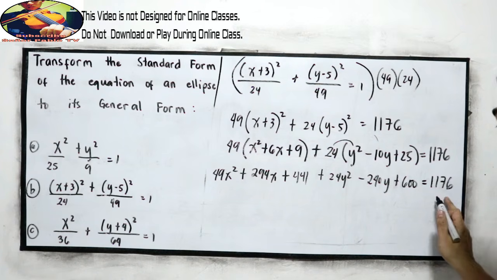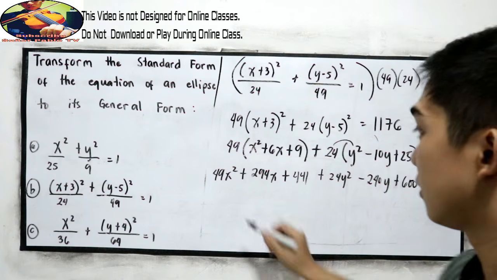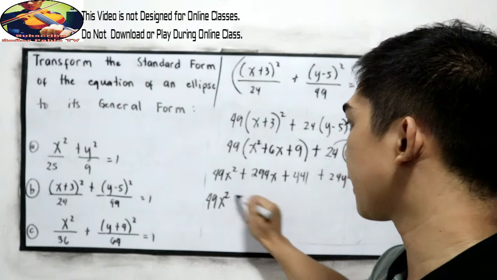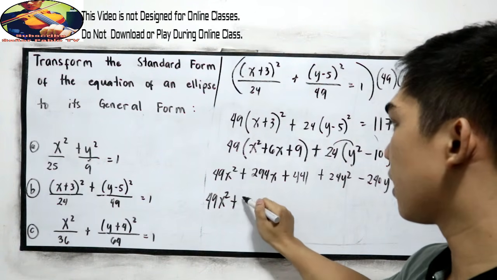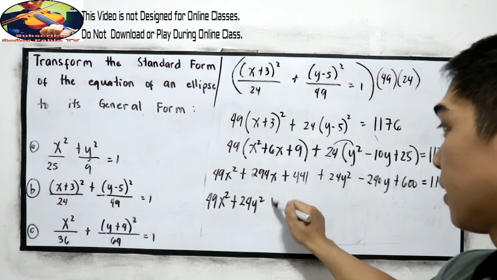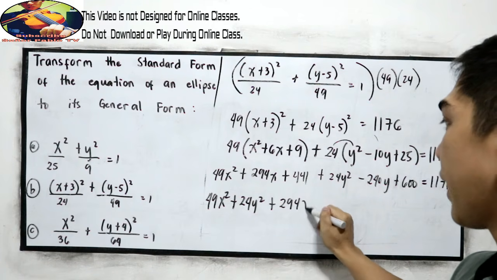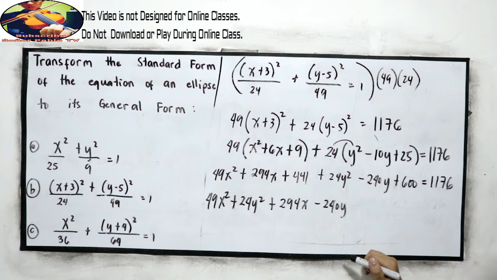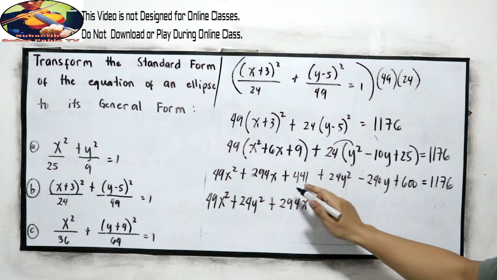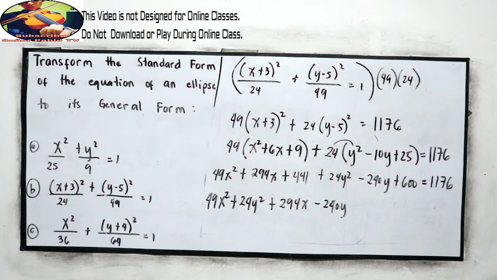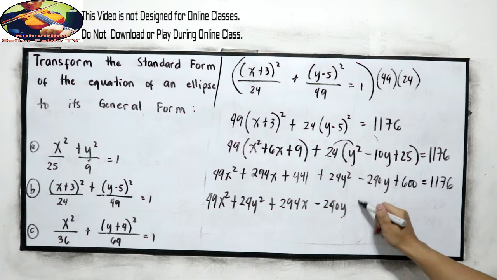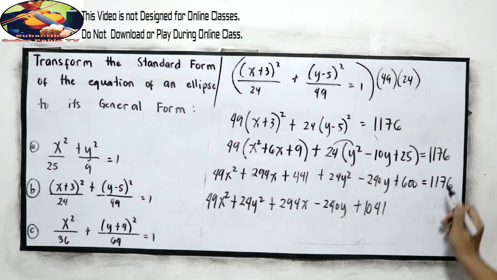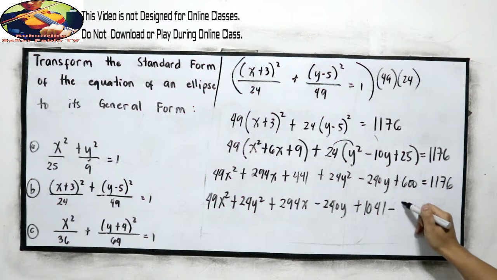Next, of course, we need to equate to 0. So 49x squared, let us arrange, plus 24y squared plus 294x minus 240y. Combine like terms, 441 plus 600, that is 1041. Addition property of equality, minus 1176 is equal to 0.